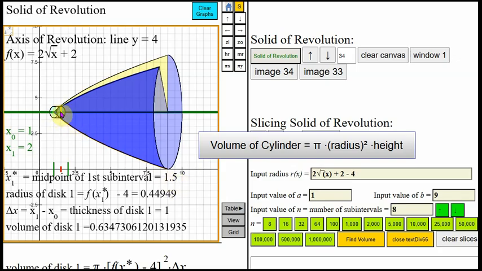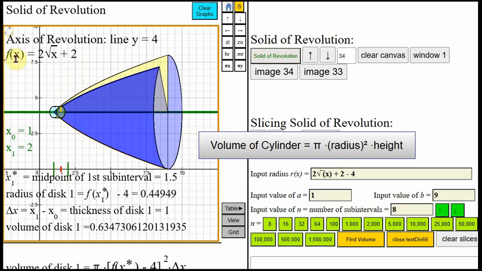Right here, this is 1.5, and so the radius will be the distance from the axis of revolution up to the graph of f of x equal to 2 times the square root of x plus 2. To get this radius, we're going to do f of 1.5, which is 2 times the square root of 1.5 plus 2.